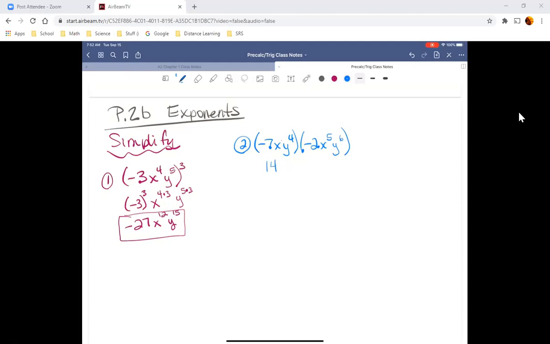And if I need to, I can put a little 1 there on the x if it helps us, right? Because under the product property, what are we going to do with our exponents? Add them. Yep. So we're going to have x to the 6th, and then y to the 10th. That's as far as we can go on that one.